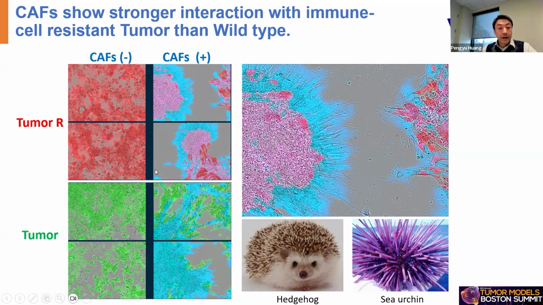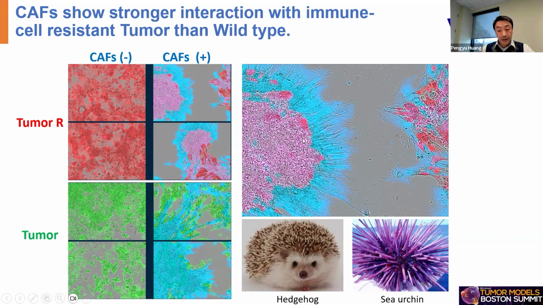This just happened in the tumor R; I will expand on the tumor R more. It is a tumor that can resist immune cell killing. The bottom green is just wild-type tumor. If you focus on the CAF layer, you can see the CAFs arrange themselves very well on top of the tumor.